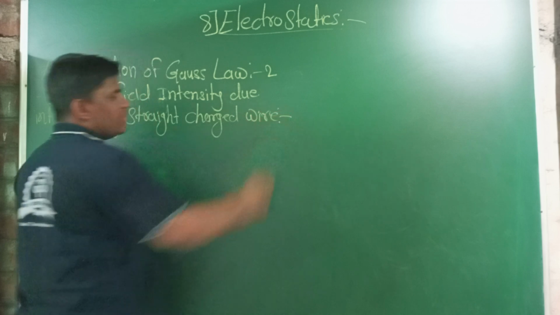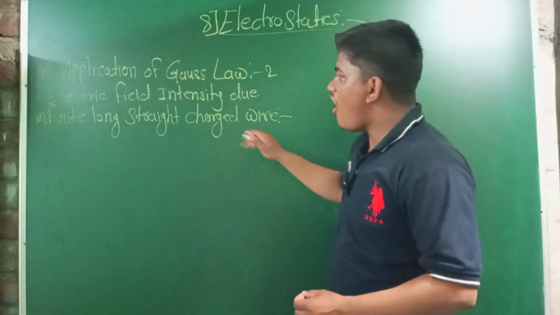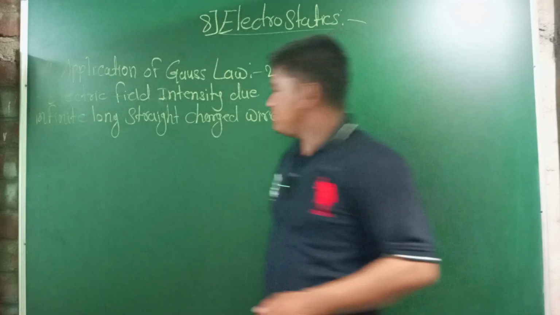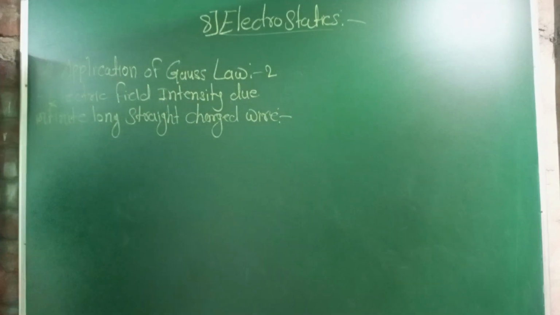It means a uniform charge distribution. It means the electric field intensity will have the same magnitude at all possible places on that straight wire.